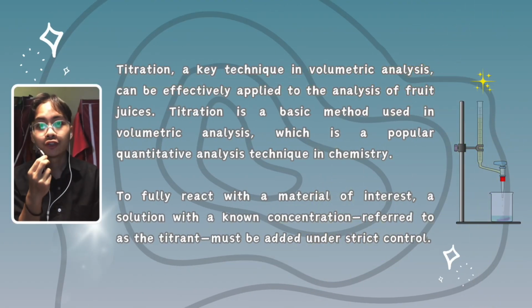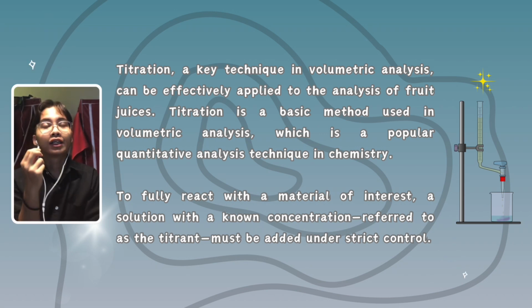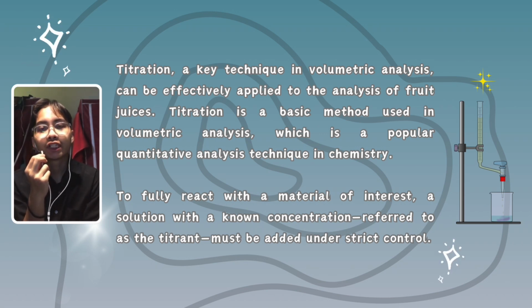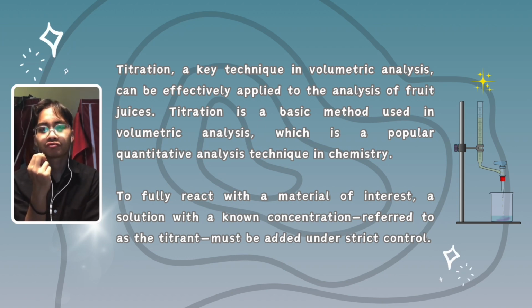Alright, guys. So, firstly, we move to an introduction about the titration. Titration is a key technique in volumetric analysis that can be effectively applied to the analysis of fruit juices.